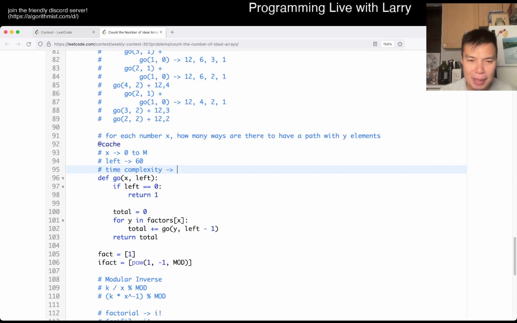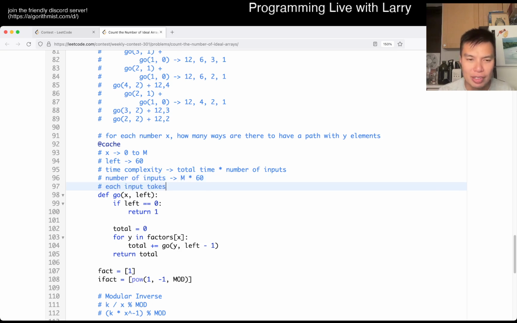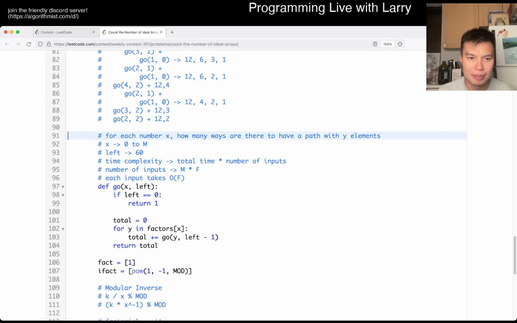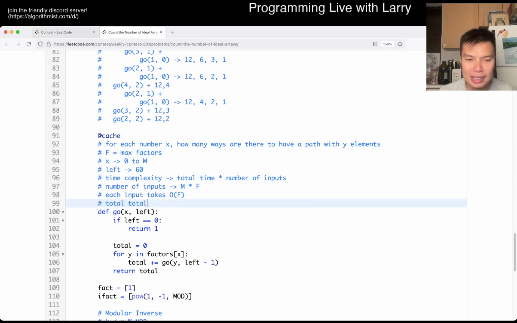It's equal to total time times number of inputs. And the number of inputs, as we said, is going to be m times 60, say. And each input takes all of the number of factors time, which is 60. So let's call it f for now, for max factors. So the total time complexity is O of m times f.